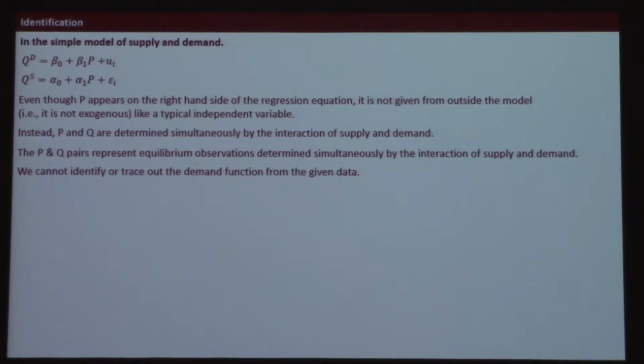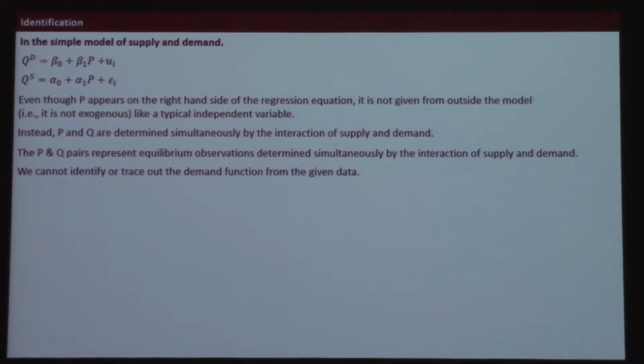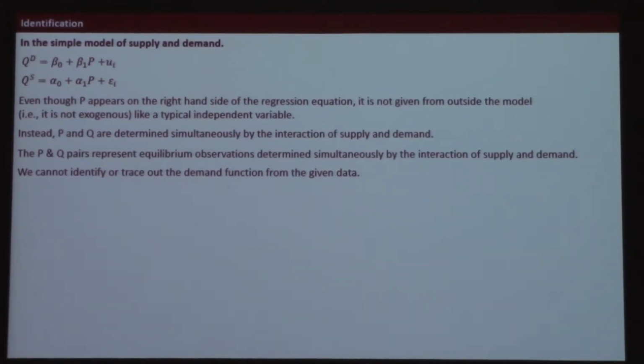And this is the problem. These are kind of technical, but if price is not exogenous, what's the opposite of exogenous? That was that other term in the first slide of the PowerPoint.